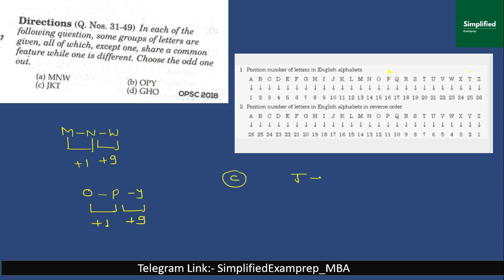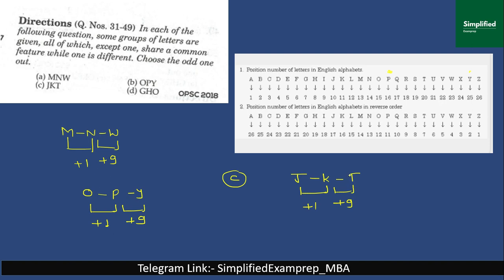Now let's see J, K, T. If we add 1 to J, we get K, and then add plus 9. See where is the K? 1, 2, 3, 4, 5, 6.